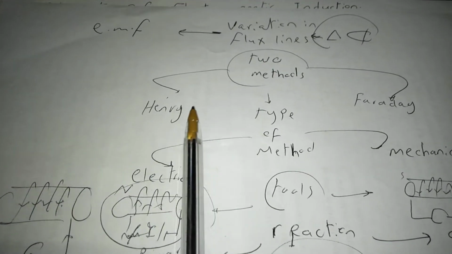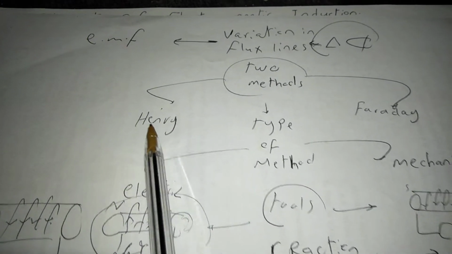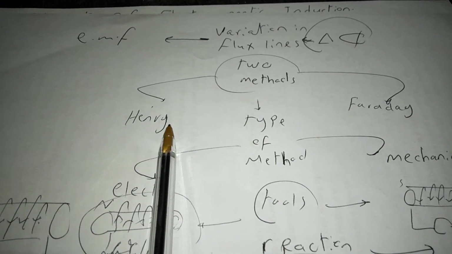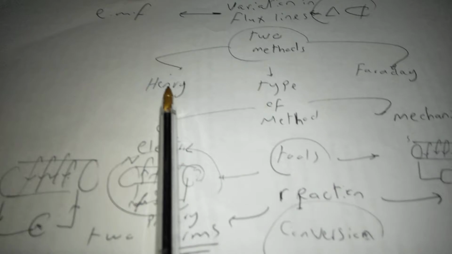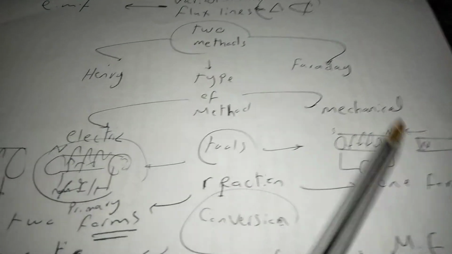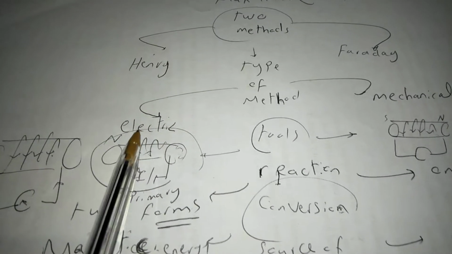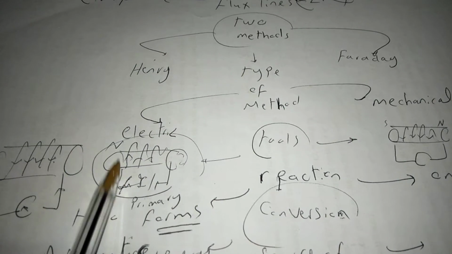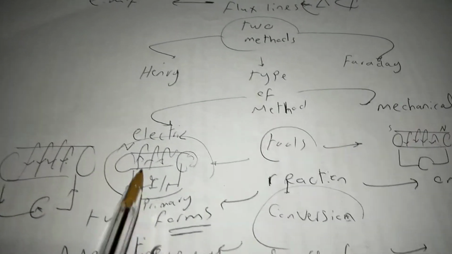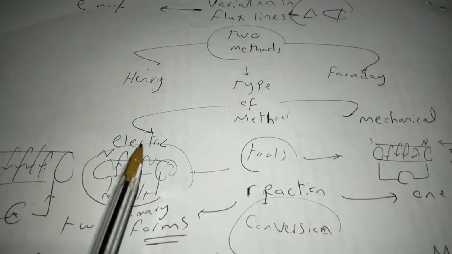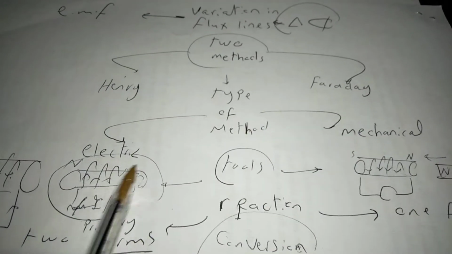On the other hand, we have another method, which is the Henry method. In this method, Henry replaces the magnet with a coil called the primary coil that has a source of energy. And this is the main difference between the two methods.